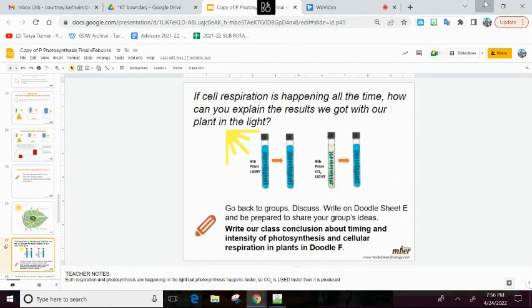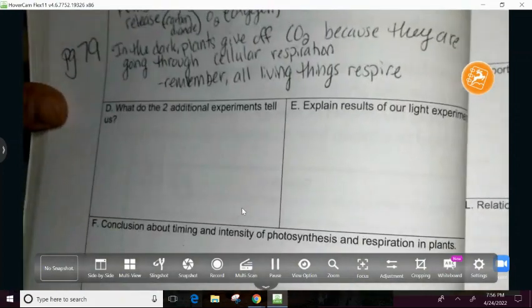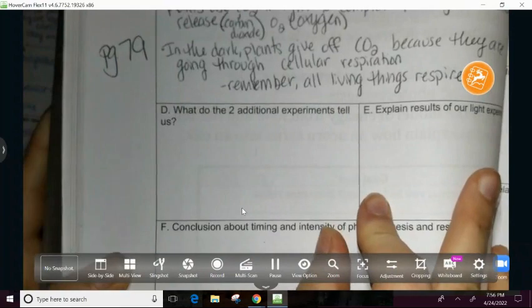Hopefully from all these experiments, you found out what these 2 additional experiments tell us: that cellular respiration does occur all the time.